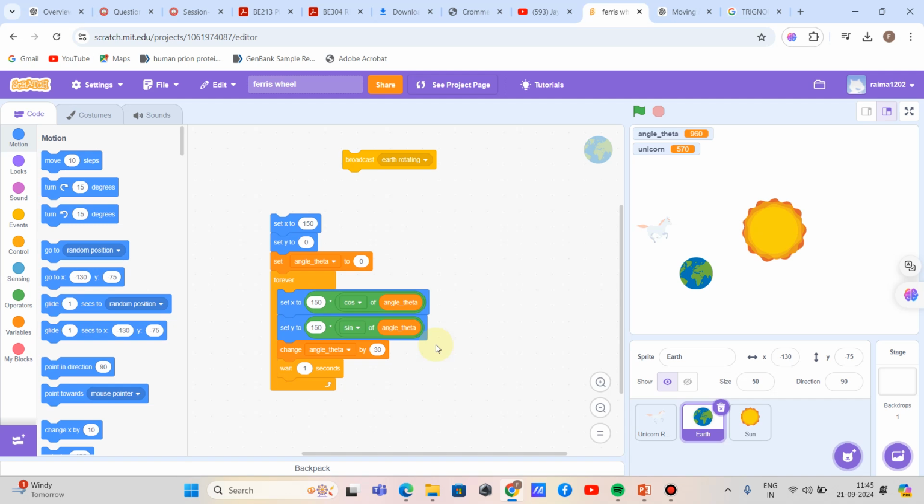And here I've used the forever loop because Earth moves around the sun forever. If I were to only play the Earth motion, see, it's starting from 0 and rotating anti-clockwise.